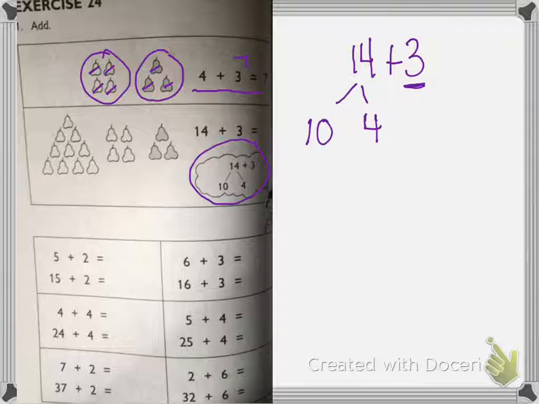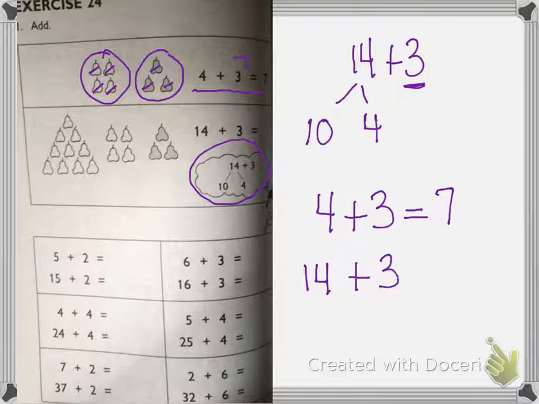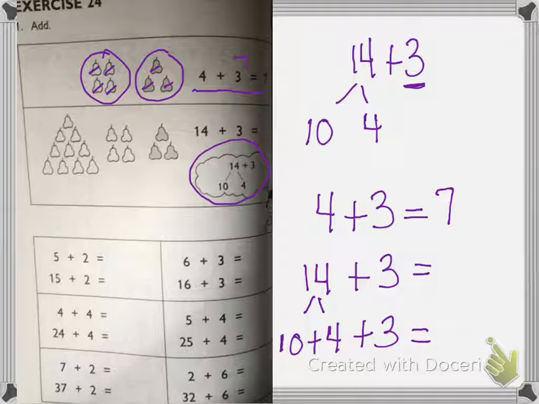And what the book is trying to show you is that if 4 plus 3 equals 7, then 14 plus 3 is the same as, if you break 14 down, a 10 and a 4 plus 3. So it's the same as saying 10 plus 4 plus 3 for the bigger number. So you have 14, 15, 16, 17. So 4 plus 3 is 7, and 14 plus 3 adds another 10, so that's 17. And that's what the book is trying to show you how to do.